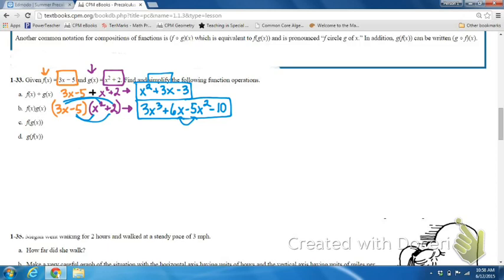The last, or letter C, you have f of g of x. So now this is one of your composite functions. So I'm going to move this down a little bit so that I can have a little more space. So we want to look at what's on the inside. So g of x is on the inside. So that means I'm going to actually start with g of x, right? So that's going to be what I do first. And I'm going to plug that in to f of x, right?